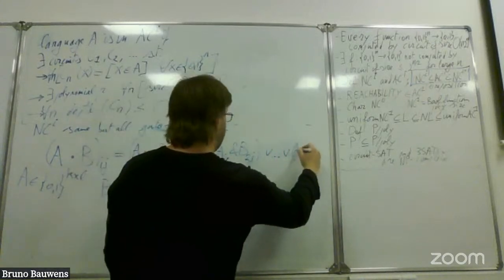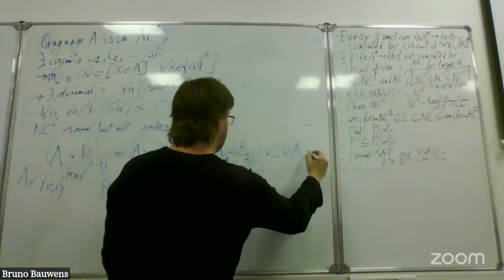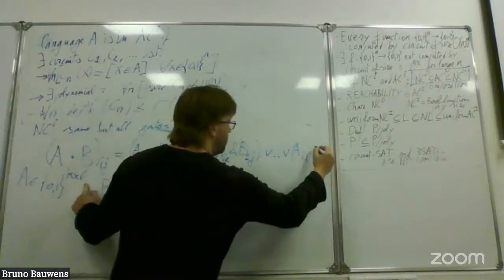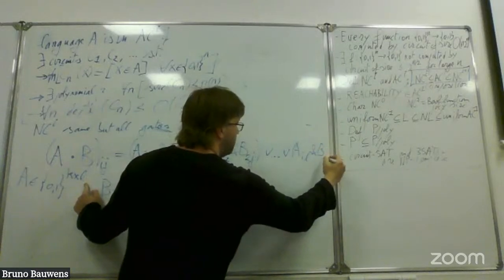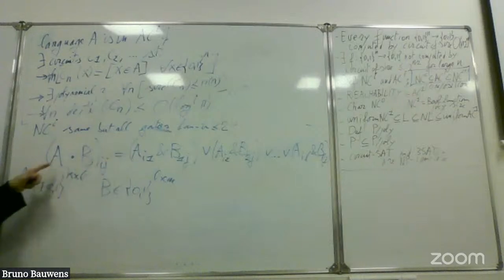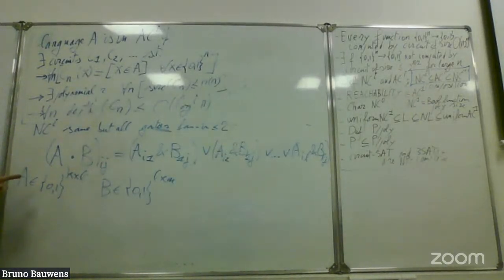And here we have A_iL and B_Lj. So this is Boolean matrix multiplication. And so it is in AC1, just by definition.